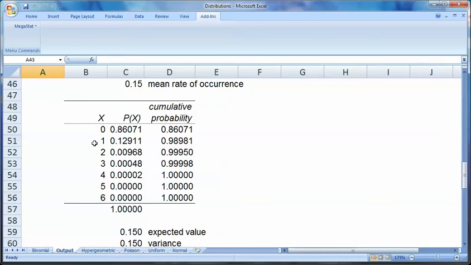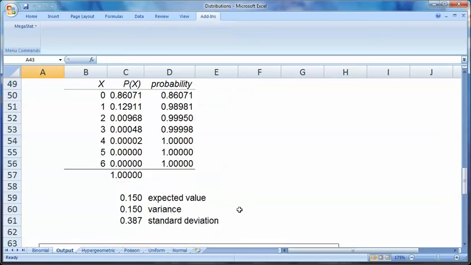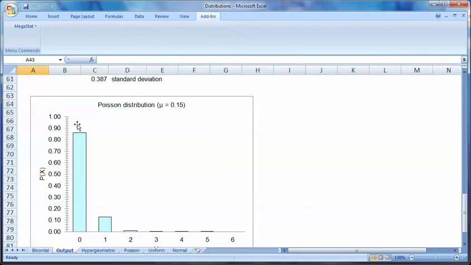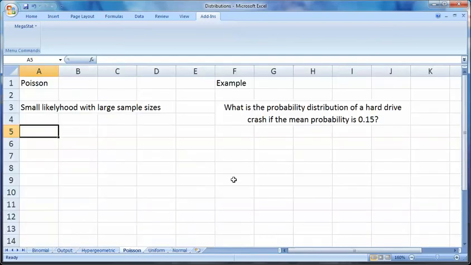Probability of having 1 hard drive crash, about 13%. 2 hard drives crashing, about 1%, and it just goes downhill very quickly thereafter, as can be seen with the chart. So really high probability of 0 crashing, pretty good chance of 1, very low chance of 2, and it just gets minuscule thereafter. So that is the Poisson distributions.